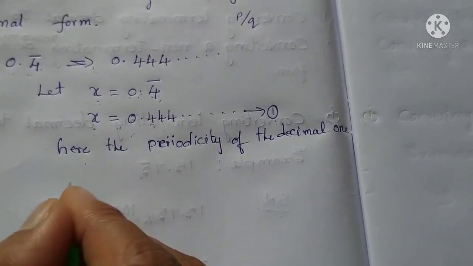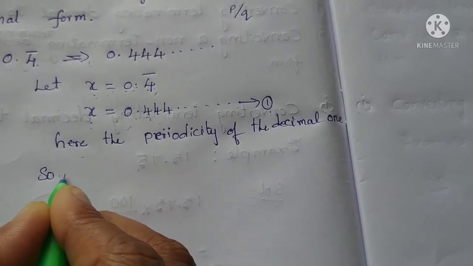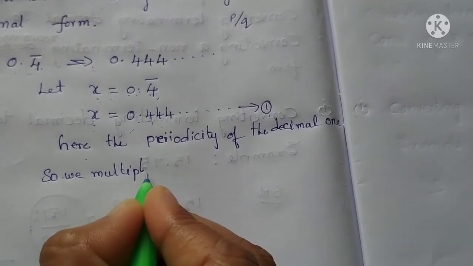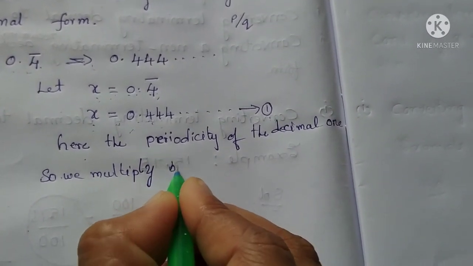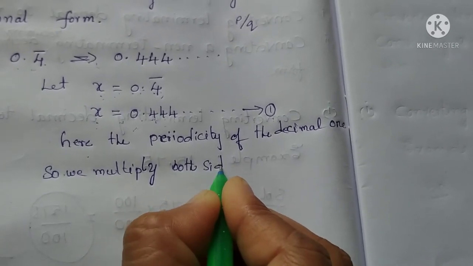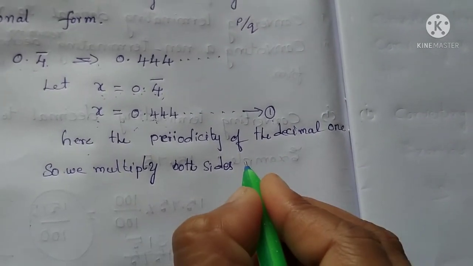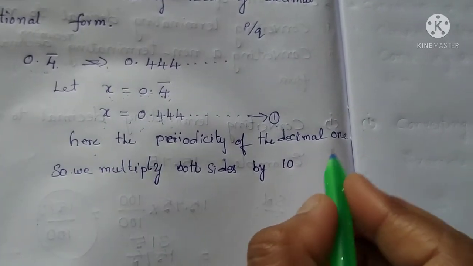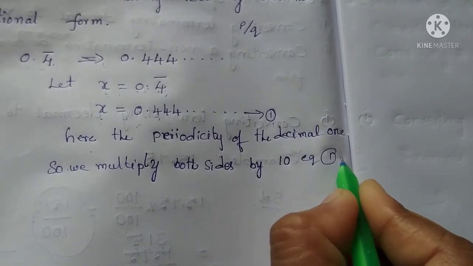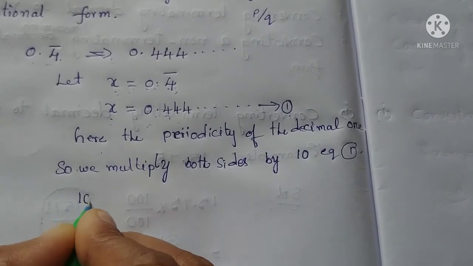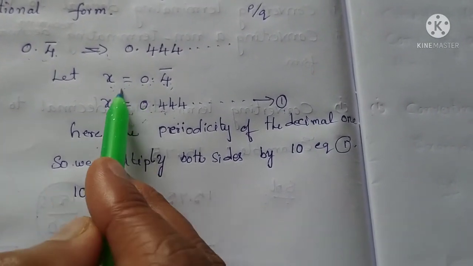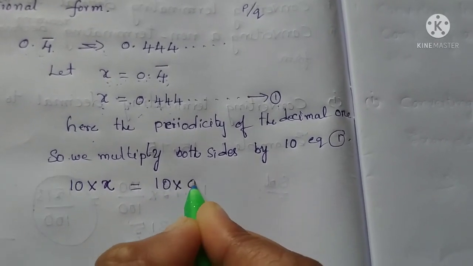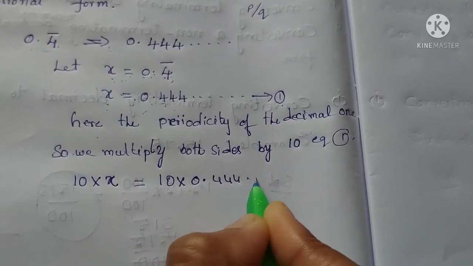Okay, so we multiply both sides by 10, equation 1. Okay, so here 10 into x is equal to 10 into 0.444 and so on.